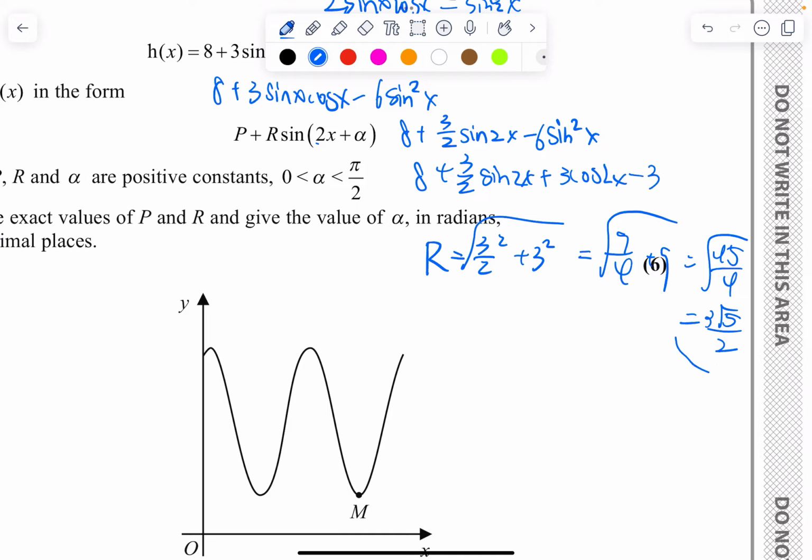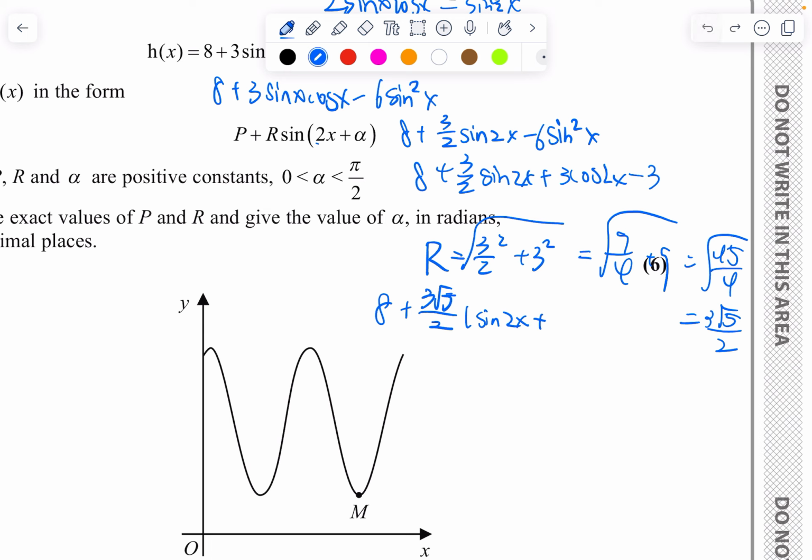Okay, so r equals this, right? Then that means 8 plus 3 root 5 over 2 of sine 2x plus, I haven't found this number yet.